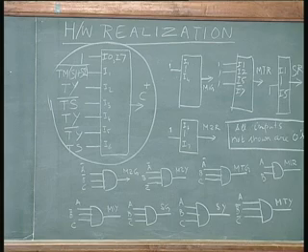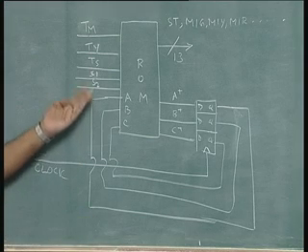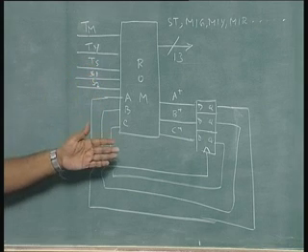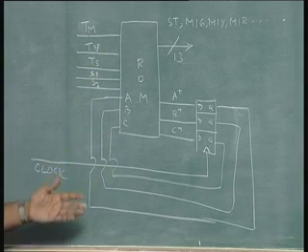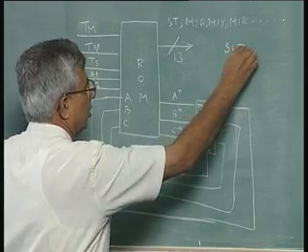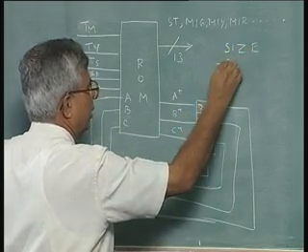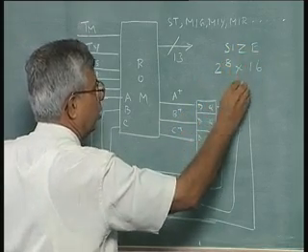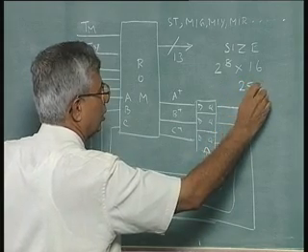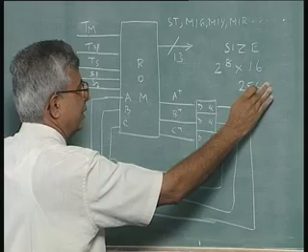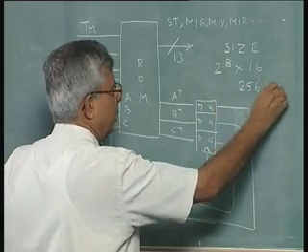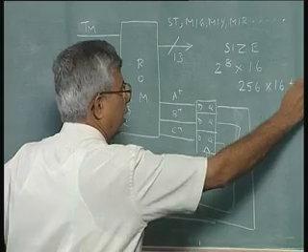So, the size of this ROM would be 5 plus 3, 8 inputs, 13 plus 3, 16 outputs. So, the size is 2 power 8 into 16. 2 power 8 is 256, so it will be 256 into 16 bits, or it is 512 bytes.